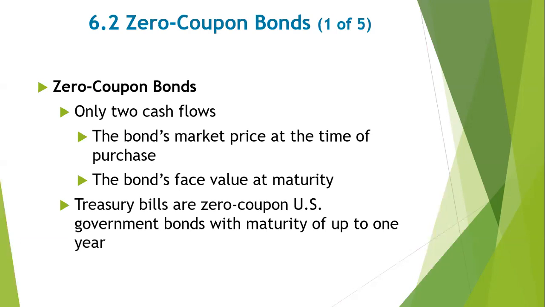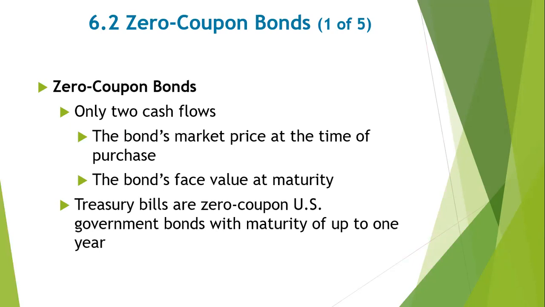We know that investors in zero coupon bonds only receive a cash payment equal to the face value on the maturity date. Treasury bills, U.S. government bonds with a maturity of up to 1 year, fall into this category.